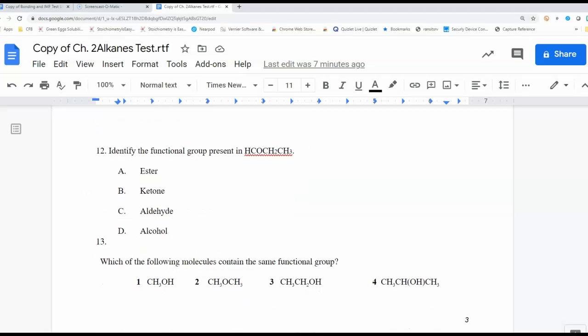Identify the functional group present in CHO or HCO, CH2, CH3. So when you draw this one out, you end up with C with an H here and a double bonded O here, and that's going to be a CH2 and a CH3, just like that. How did I know that has to be the case? Because I can see that I have to have the correct number of things bonded around my carbons.